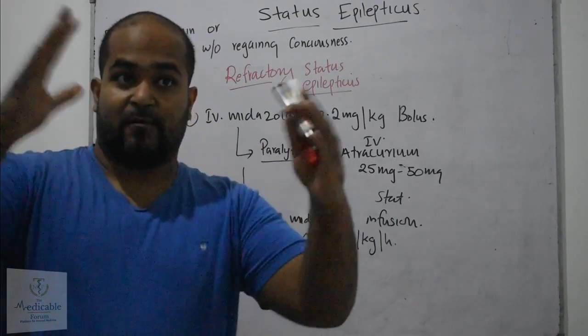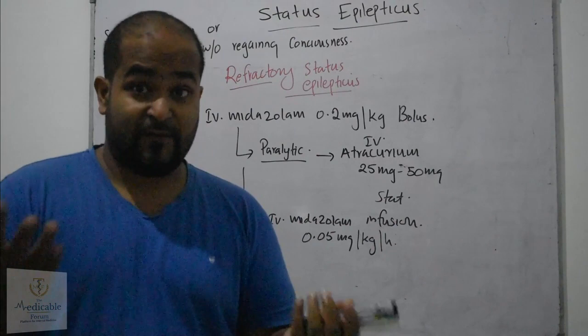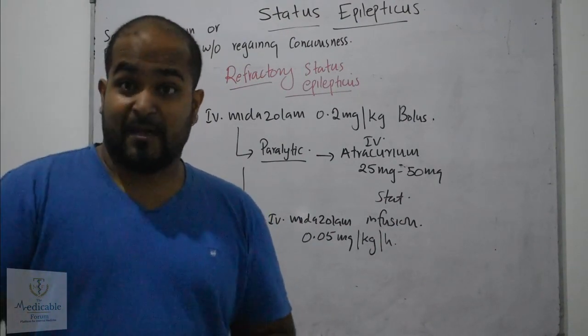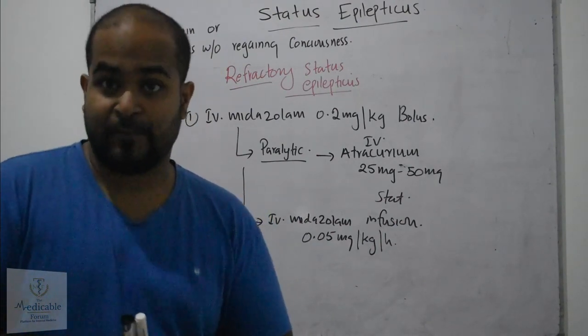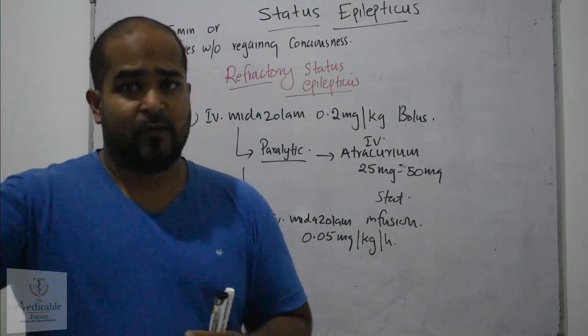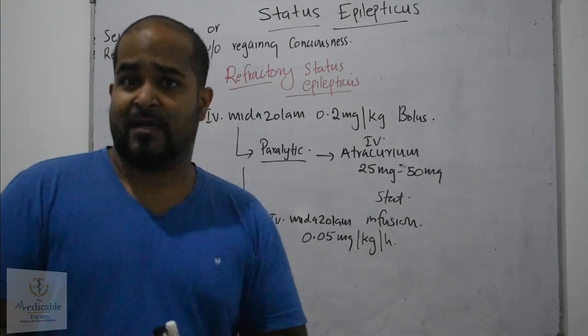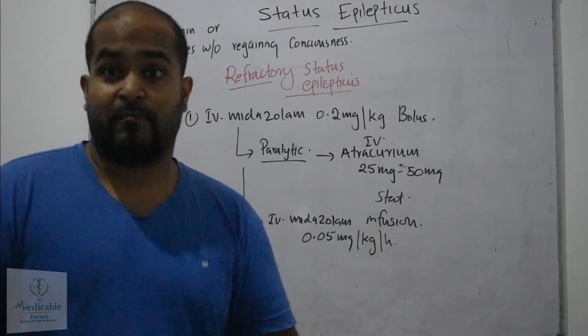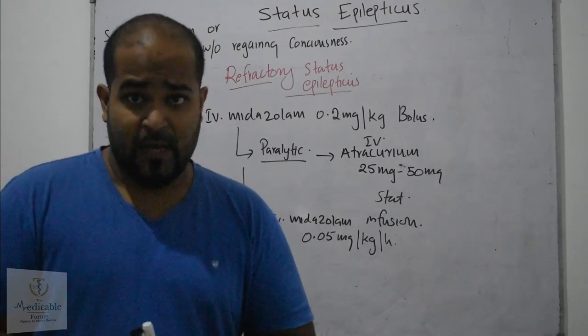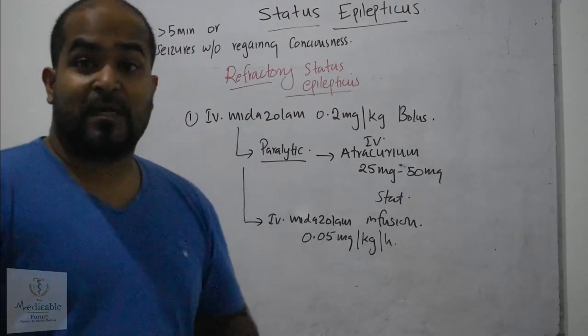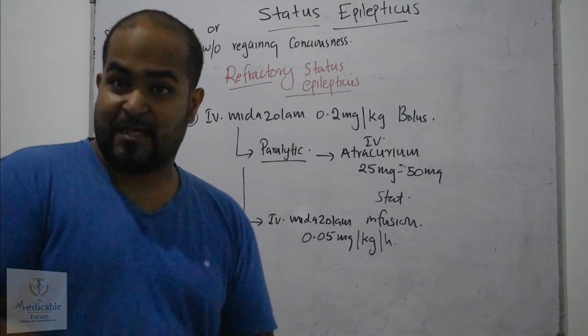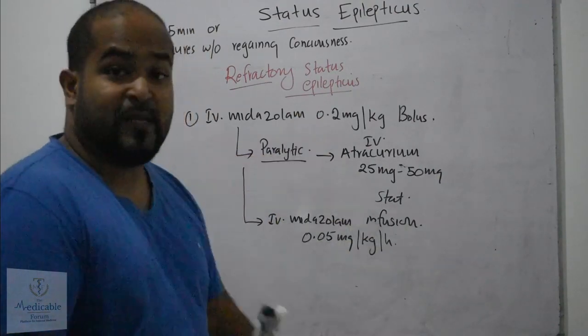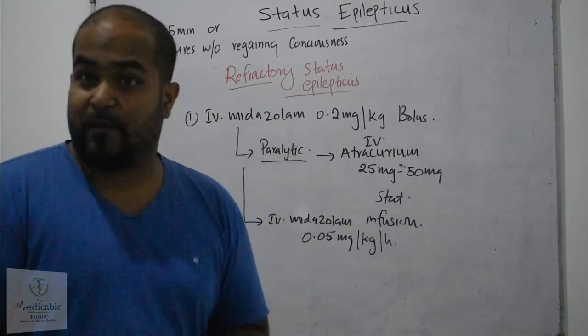There are various methods of interventions, and there are other second line anti-seizure medications also, and then as a last resort you can go for steroids, biologics, and then IVIG, even plasma exchange is possible. So this is how we do rapid sequence induction, and if midazolam is not there, you can even use propofol.